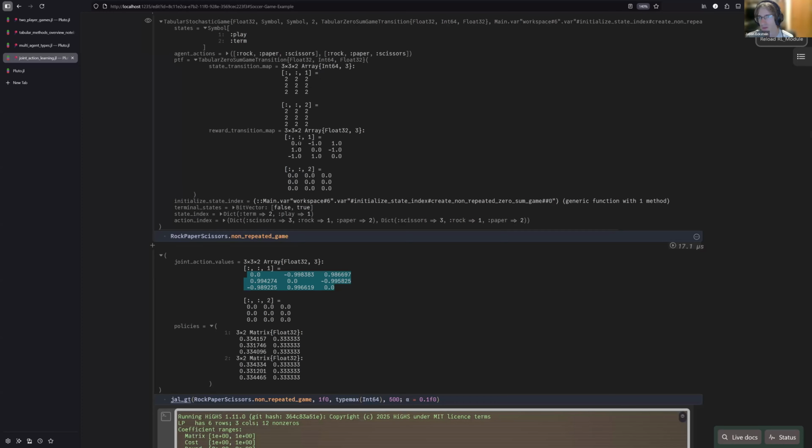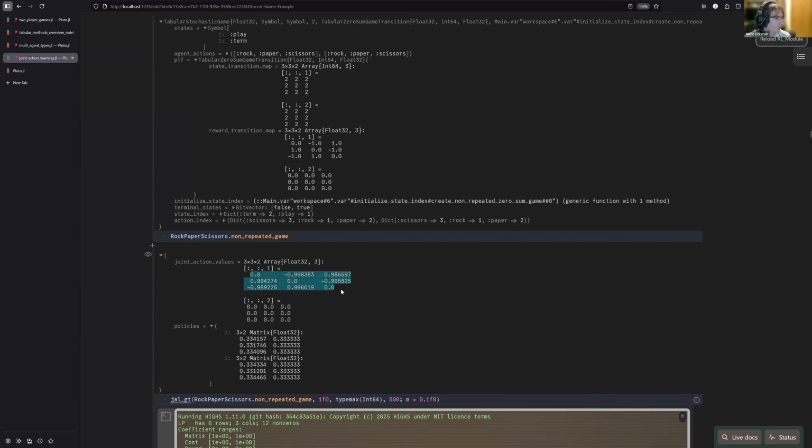Normally with a stochastic game, we don't know the true values because it depends on all the future states. But because this is a trivial example, the only rewards that matter are the ones we get from the play state. So here we can see these values have basically converged after 500 steps. Not exactly, like these values should be 1, but it doesn't really affect the policy too much.